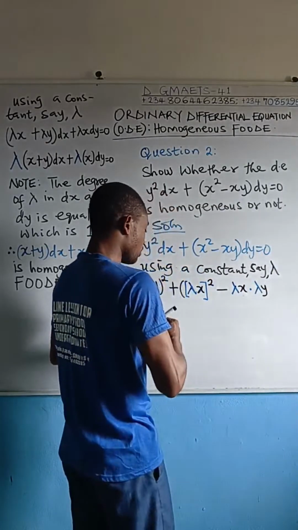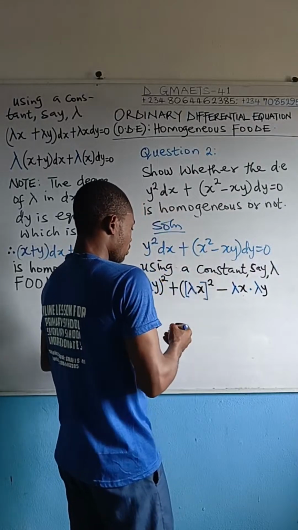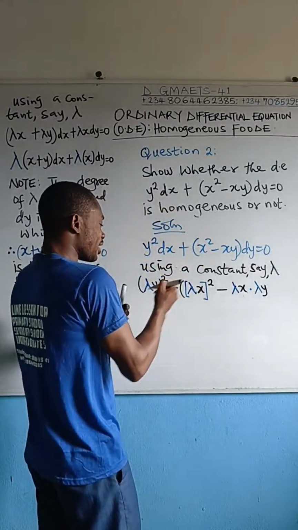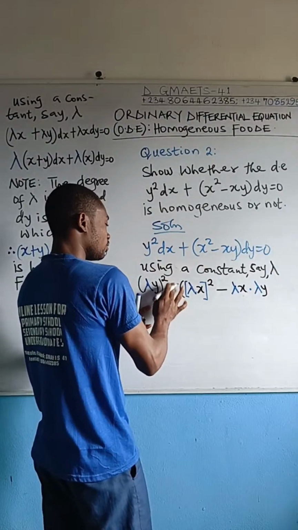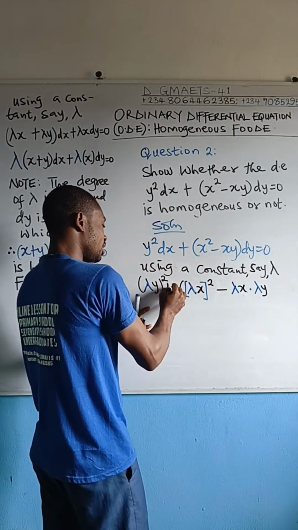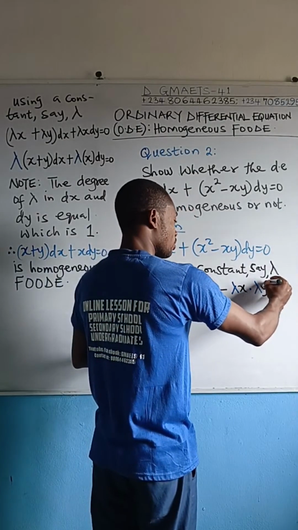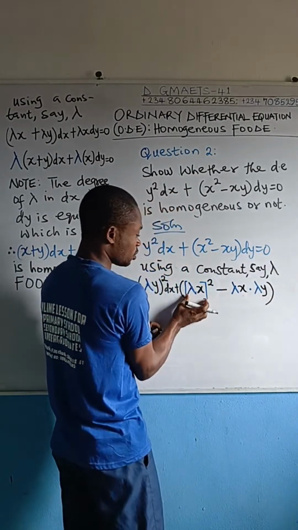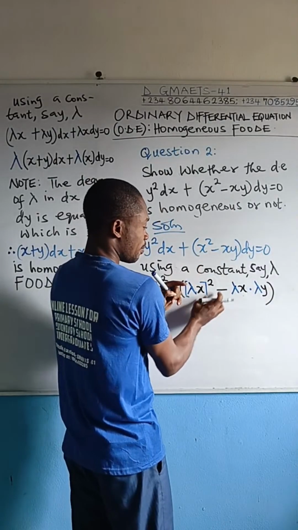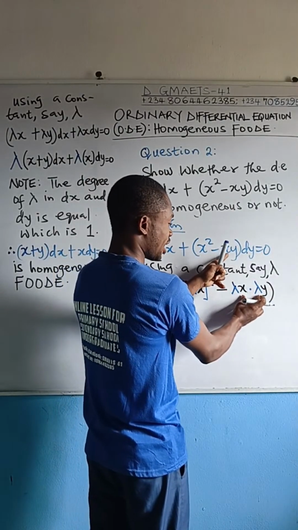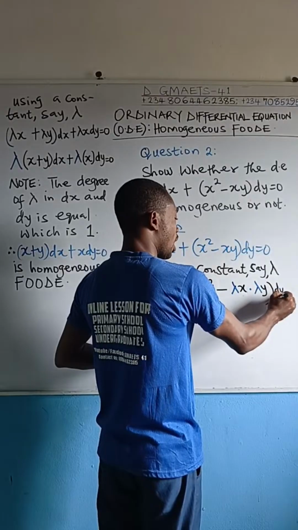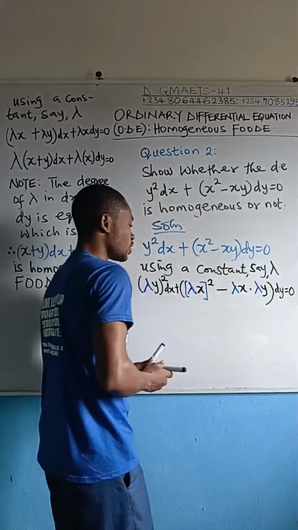Okay, so we've got something like this. This part has the x in it, please. This part. So I'm going to write the x, then plus this whole thing now has the y. So I'm going to enclose this in bracket because this part is for the x squared minus this part is for this xy. Multiply it by dy and then equate to 0.